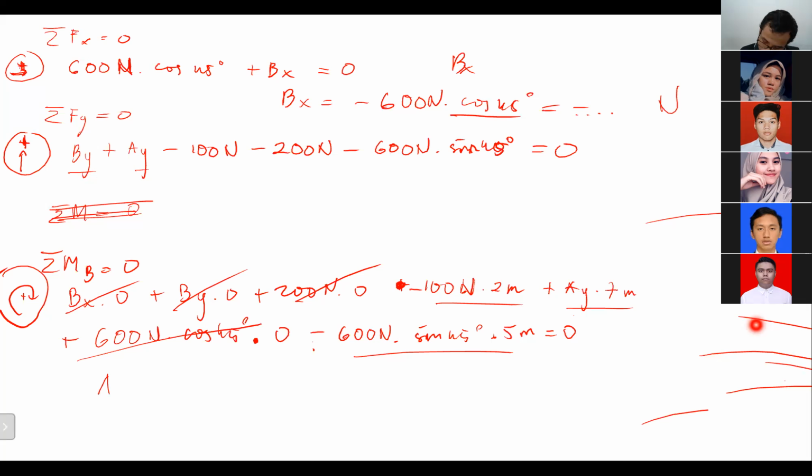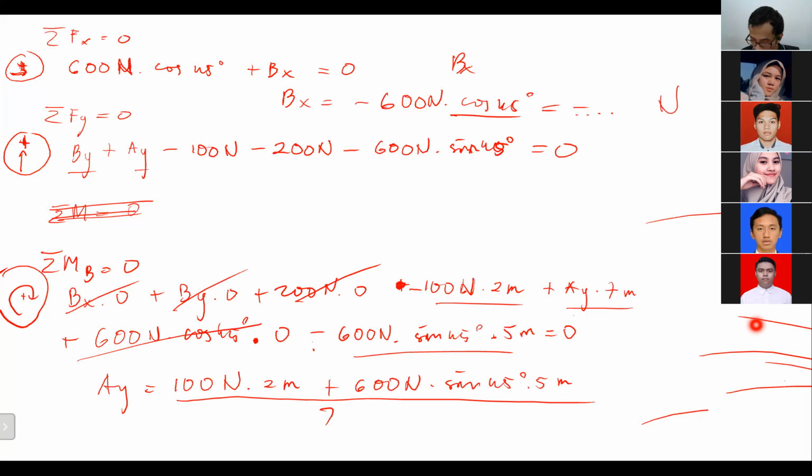Yes, sir. AY there will be equal to 100 Newton multiplied by 2 meters, then plus 600 Newton multiplied by sin 45 degrees multiplied by 5 meters, divided by 7 meters. This is your AY.